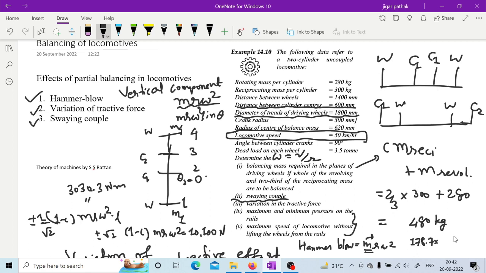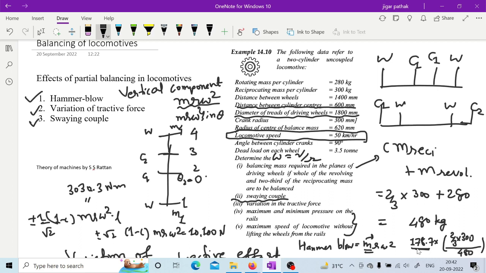This m will be a fraction of the balancing mass. 178.7 is the balancing mass which is coming. Now what is the fraction of reciprocating mass you are balancing? That is 2/3 of this 300, and over there also the total is 480. From this normalization you get the amount of balancing mass for the reciprocating mass.